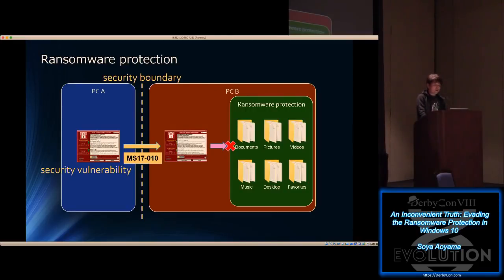What is ransomware protection? It is a feature that prevents file encryption even if WannaCry has crossed the boundary using the MS17-010 vulnerability. That is, there should be a new boundary here.